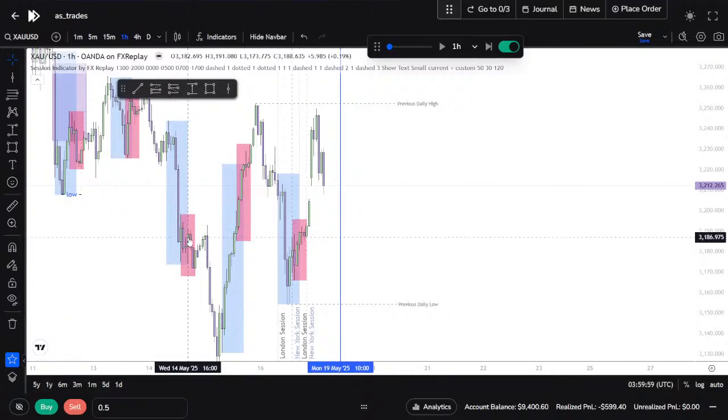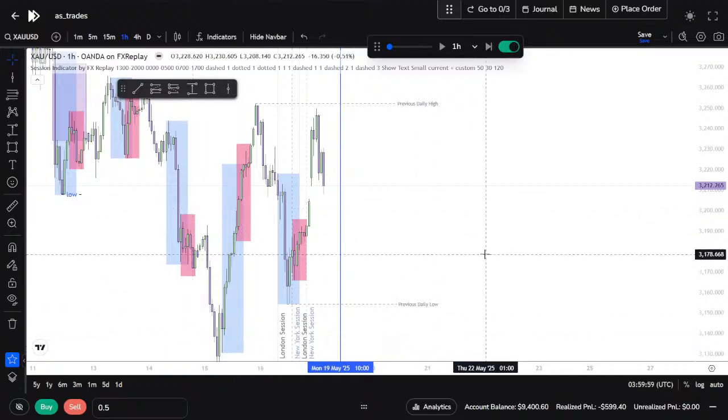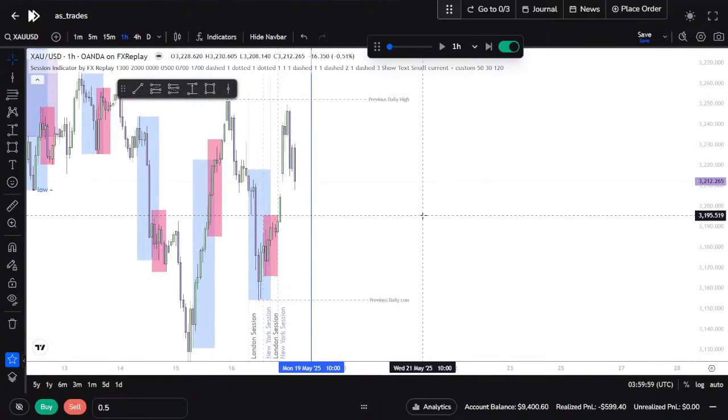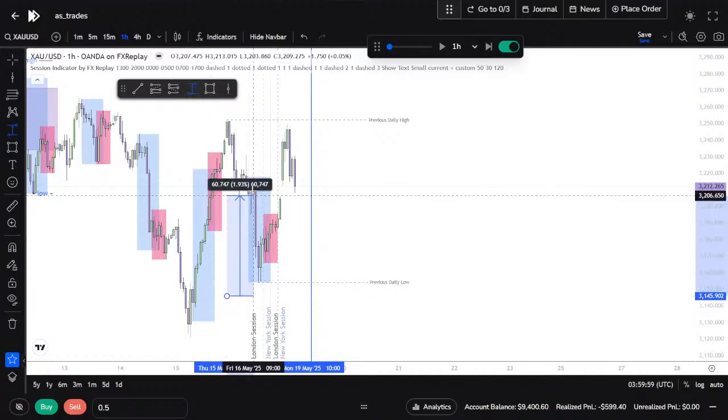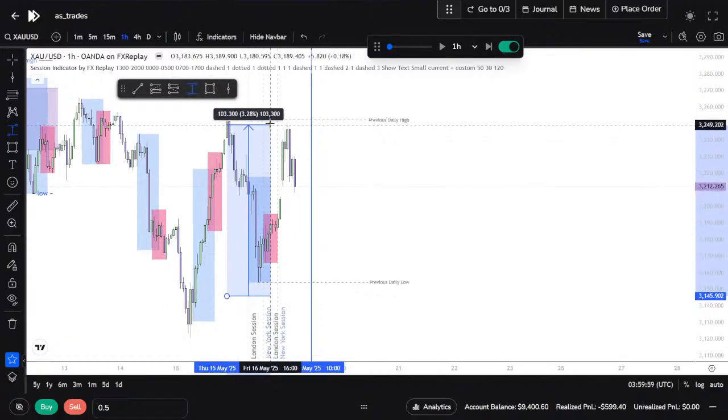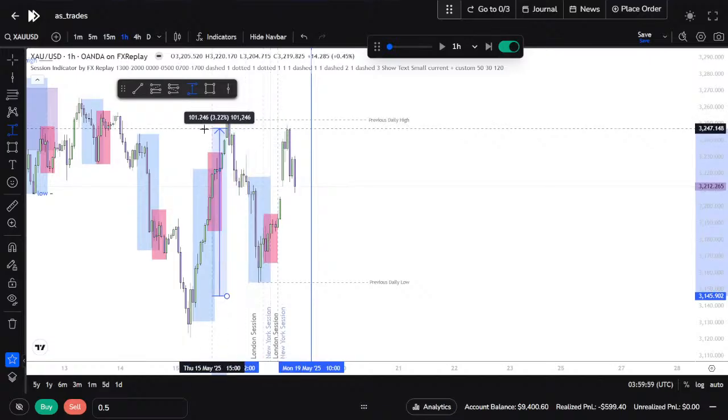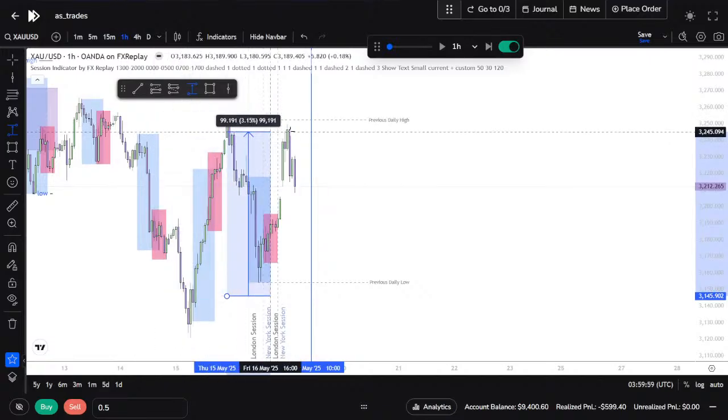Okay, so it did actually take out that low. So far good. Should have been a good time to trade because there's a lot of price action. That's about 100 pips in one day.